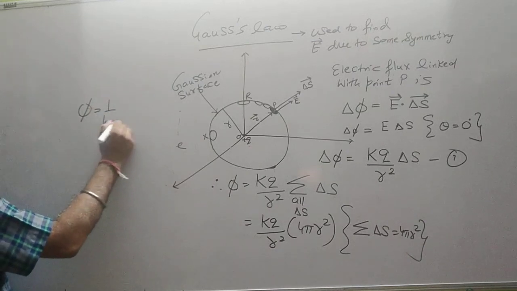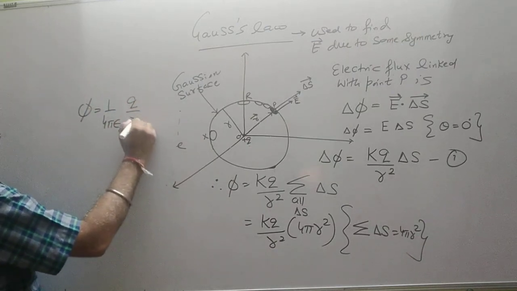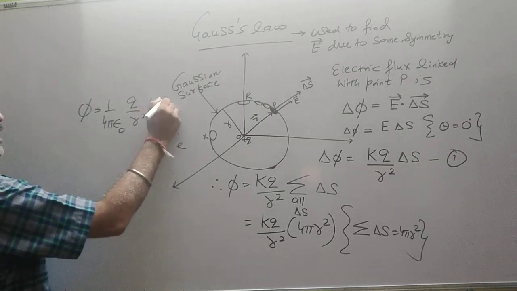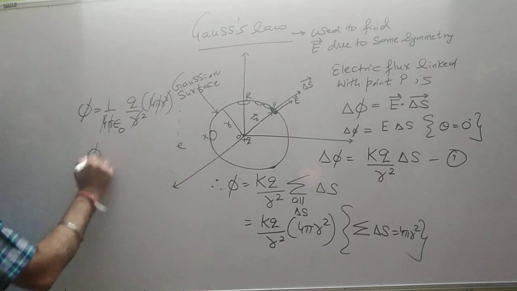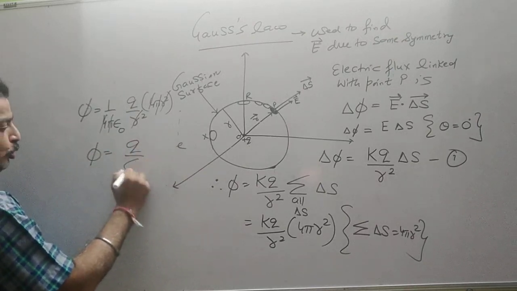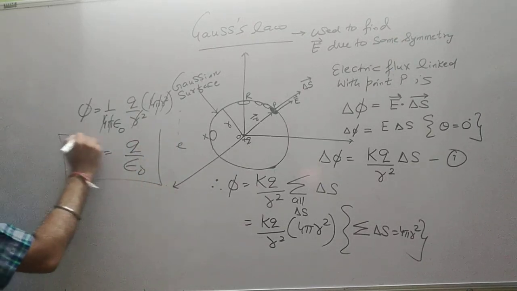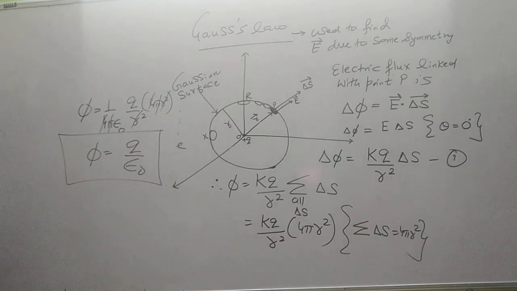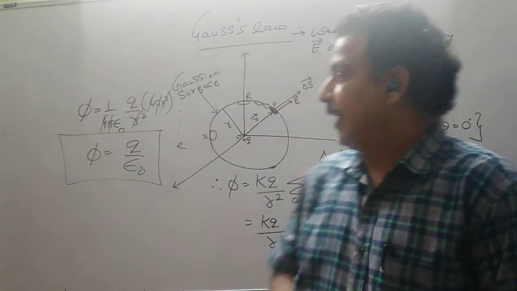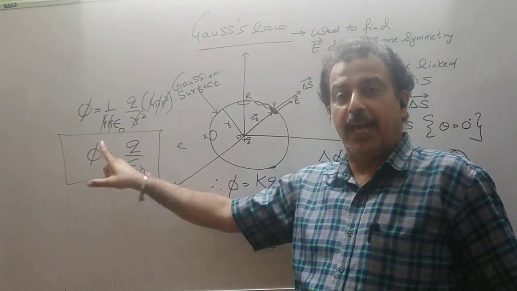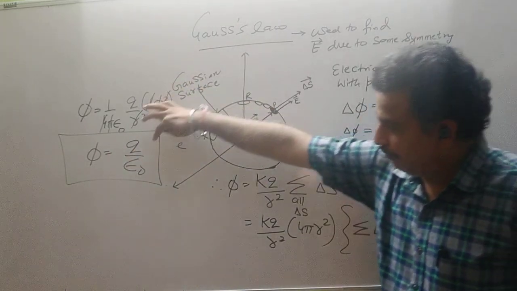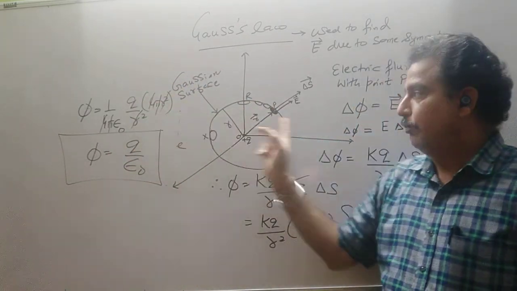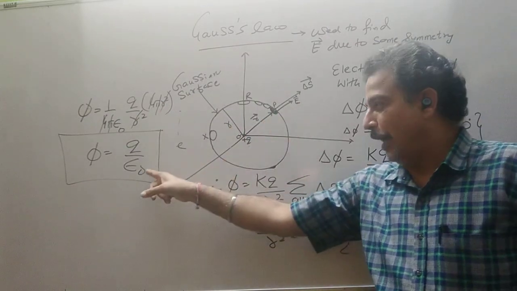So 1 upon 4 pi epsilon naught, q upon r square, 4 pi r square. So this 4 pi r square gets cancelled. So we are left with q upon epsilon naught. So this is Gauss law, which states that the electric flux linked with any closed surface is equal to the ratio of the charge enclosed by the closed surface to epsilon naught.